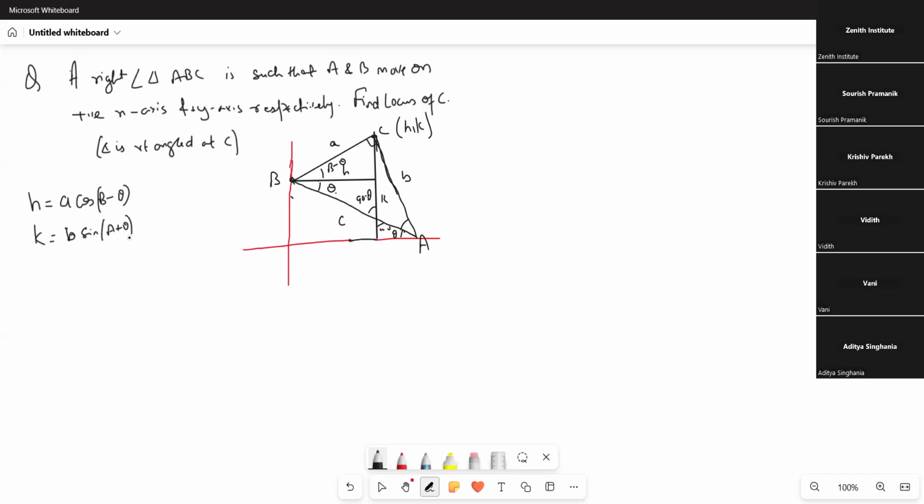Is everyone clear with this value of h and k?